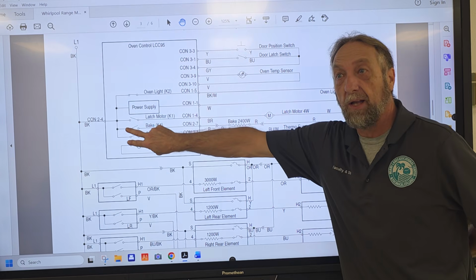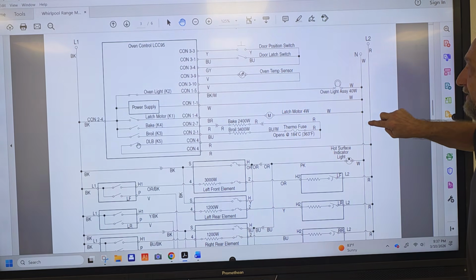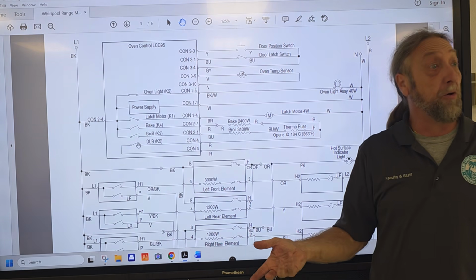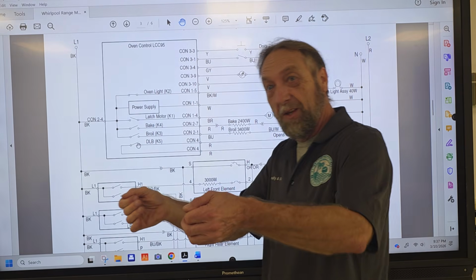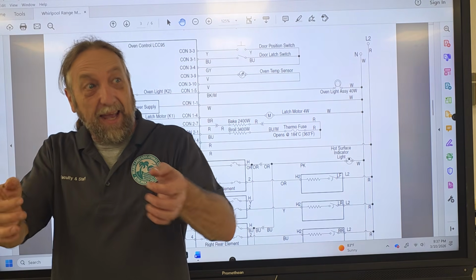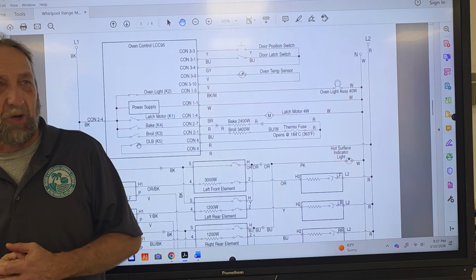So they had 2 relays, one for bake and one for broil, and then from here, both of them went to line 2, which meant one side of the heating element had power all the time. And people were pulling the element out like I told you, and not unplugging it, and they would get it out, and they'd grab that wire and get electrocuted.